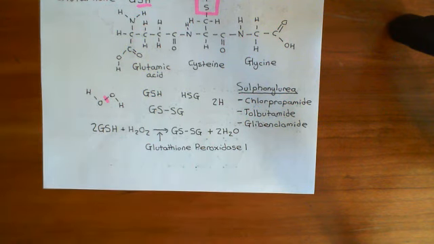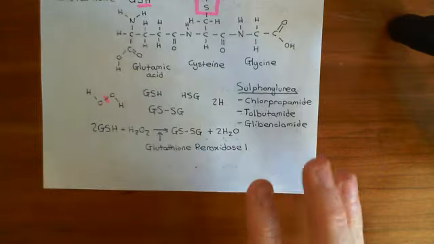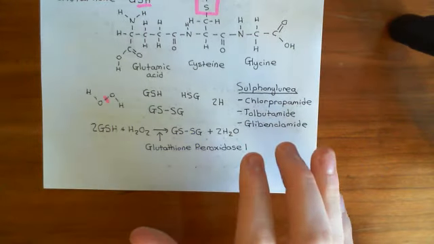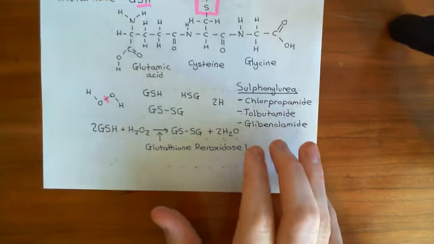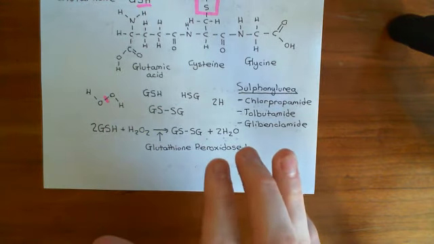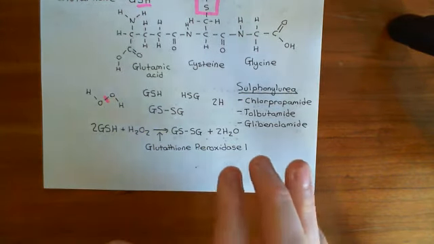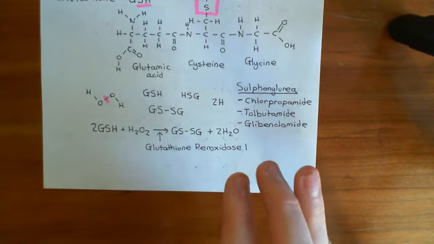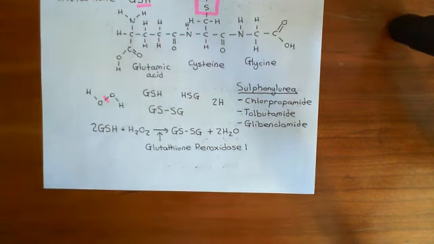Remember the sulfonylurea receptors usually are activated to cause the opening of the KATP channel if ADP binds to them. But with a sulfonylurea drug bound to the sulfonylurea receptor, it cannot cause the ATP-sensitive potassium channel to open, even if ADP goes up.